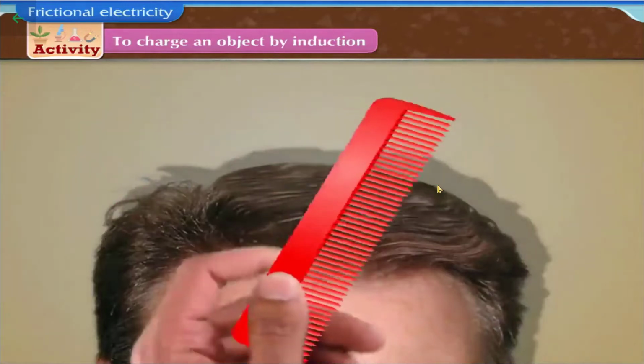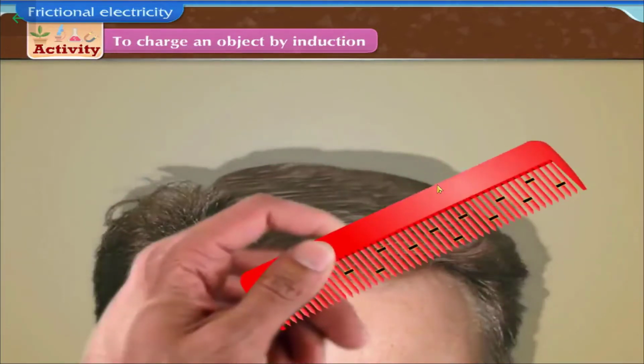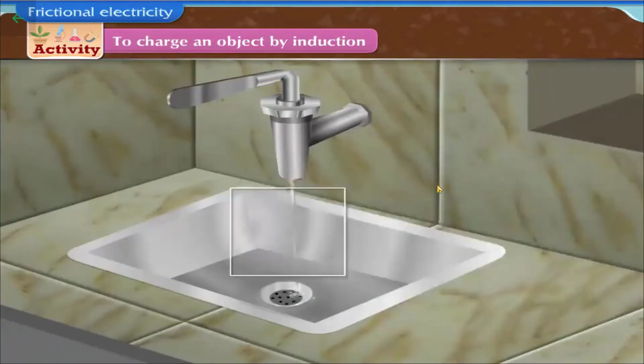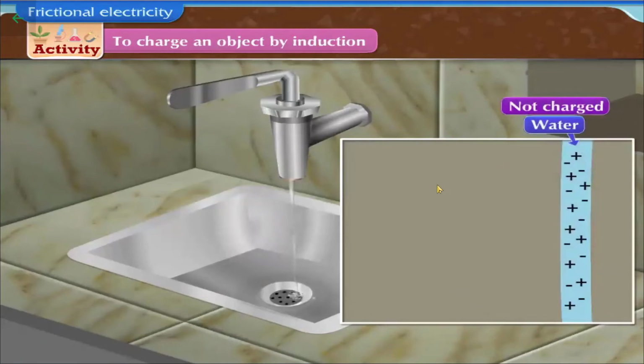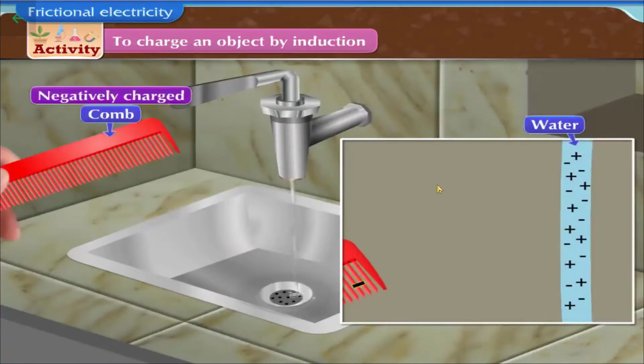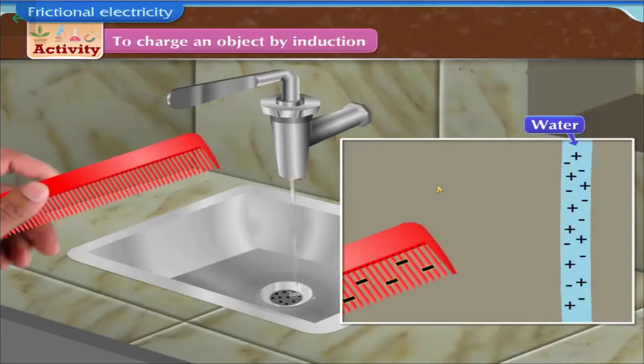When we rub the comb against dry hair, the comb acquires a negative charge, whereas at first, the flow of water is not charged. When a negatively charged comb comes near the flowing water, the negative particles present in the water nearest to the comb are pushed away. That part of the water trickle now becomes positively charged due to a deficiency of negative charge.